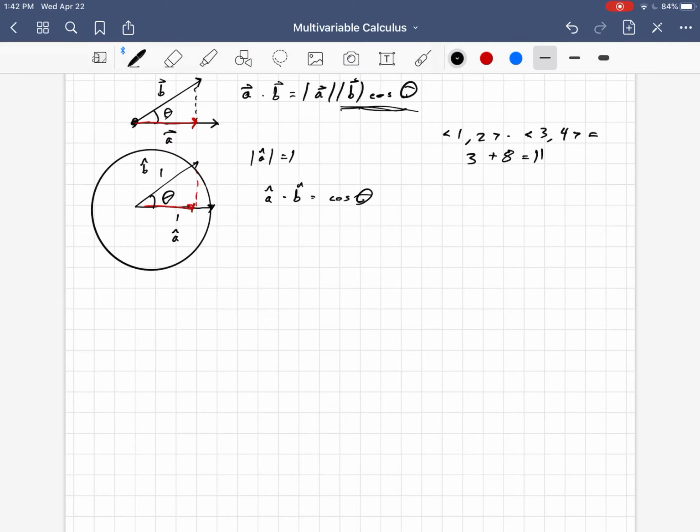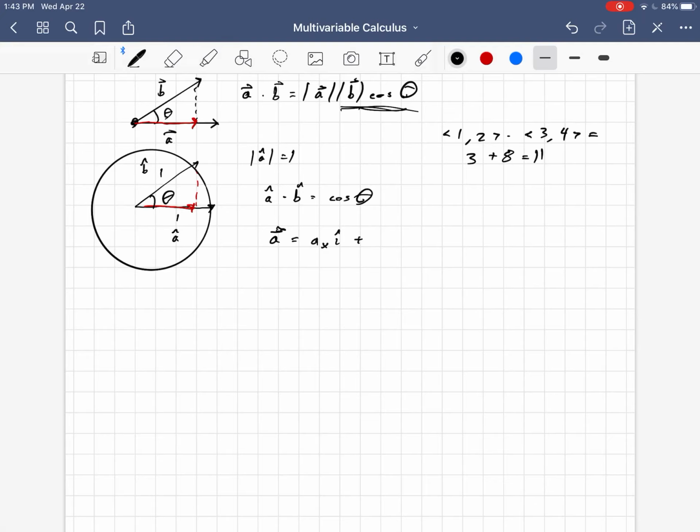Let me start that over. Okay, if I have 1, 2, and I dot that with vector 3, 4, then my dot product, which is a scalar, is 1 times 3, which is 3, plus 2 times 4, or 8, and so the dot product is 11 in this particular case. And so that definition doesn't seem intuitively the same as this geometric definition.